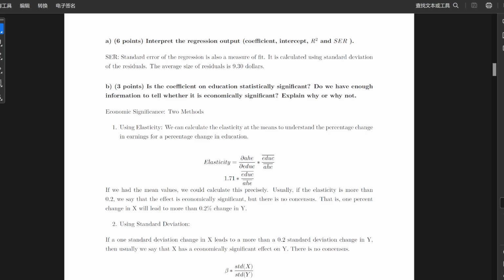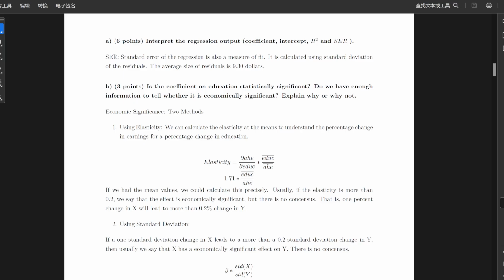And I think except for Hattie, everybody got economic significance wrong. Economic significance is not statistical significance. They're two different things, and they're not that much related to each other.